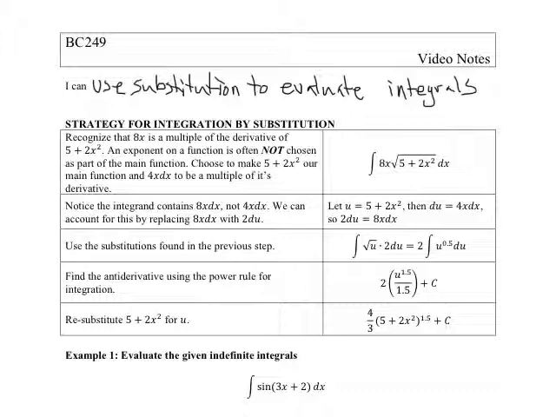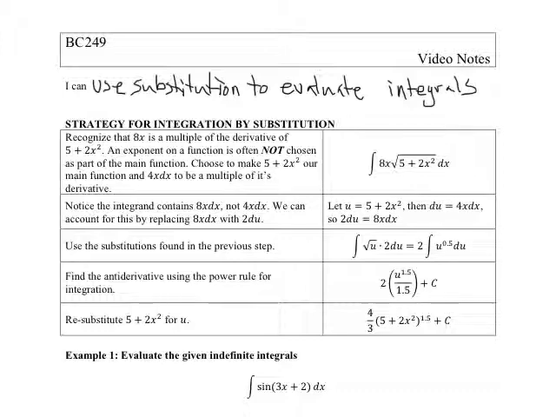Another way is if one of the terms is a degree higher than another term. All in all, there is no direct path to recognize substitution problems, but the more we do them, the more familiar we get with them.